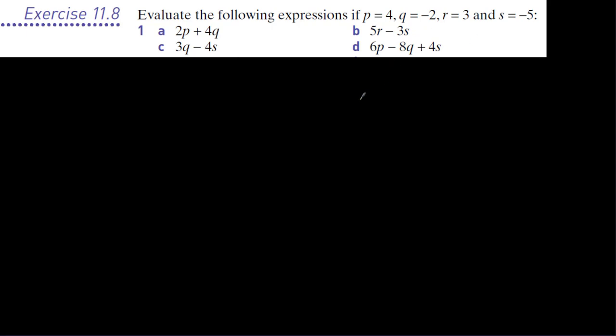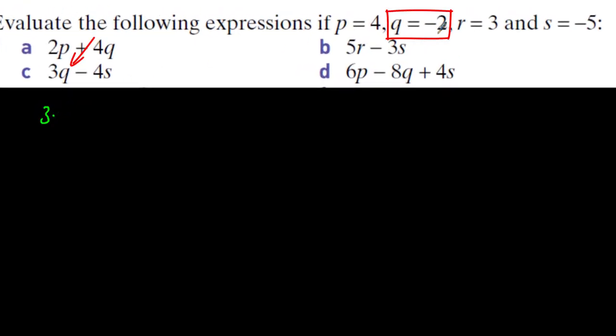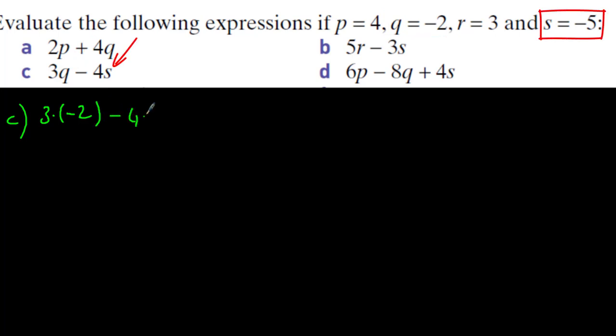I will solve C and D only. 3 times Q, which is equal to minus 2, so 3 times minus 2, minus 4 times S, which is equal to minus 5. 3 times minus 2 is equal to minus 6. Minus 4 times minus 5 is plus 20. The result is equal to 14.